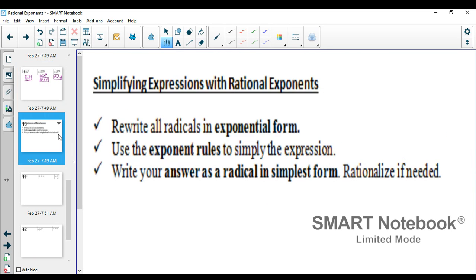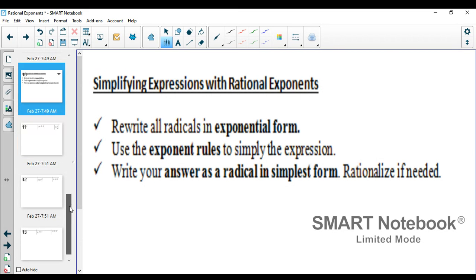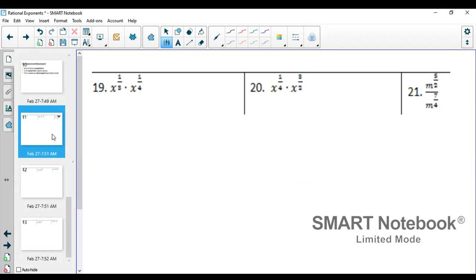All right, so to simplify expressions with rational exponents, you have to rewrite all radicals in exponential form, and then use exponent rules to simplify the expressions, and then write your answer in radical form in the simplest form. And if we need to, we may need to rationalize the denominator. All right, so we have x to the 1/3 times x to the 1/4.